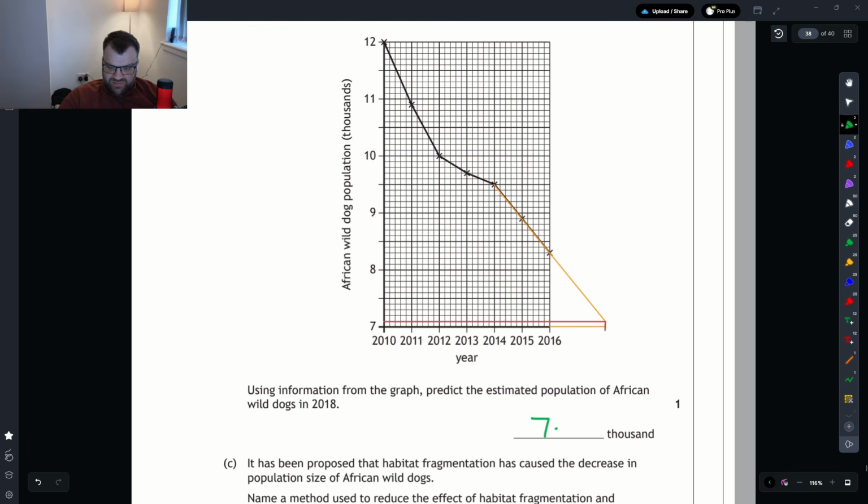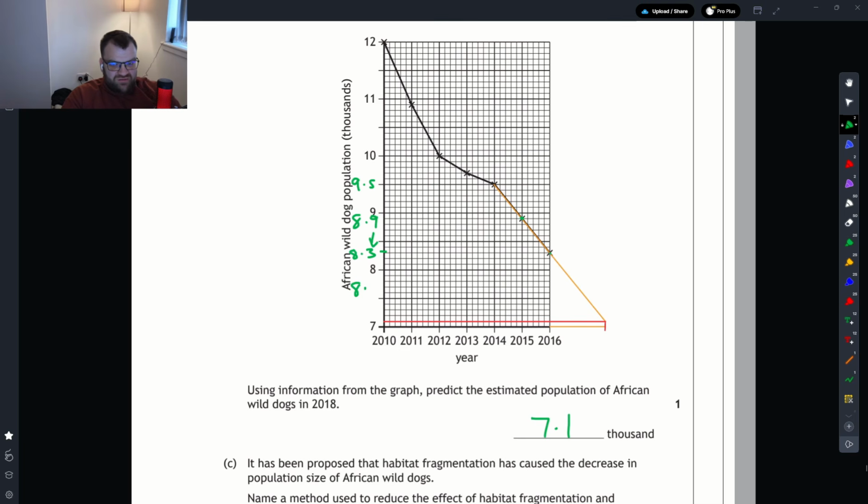That'd give you 7.1. Could there be an option for going, well, we were at 9.5 there, and then we've dropped to 8.9. So that was 0.6 of a difference. And then this is 8.3, we've dropped by another 0.6.